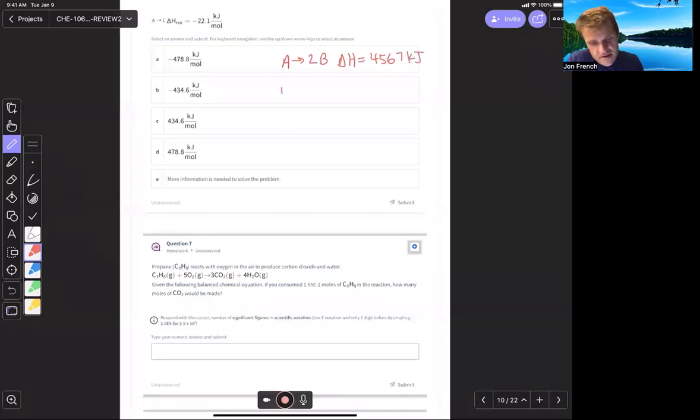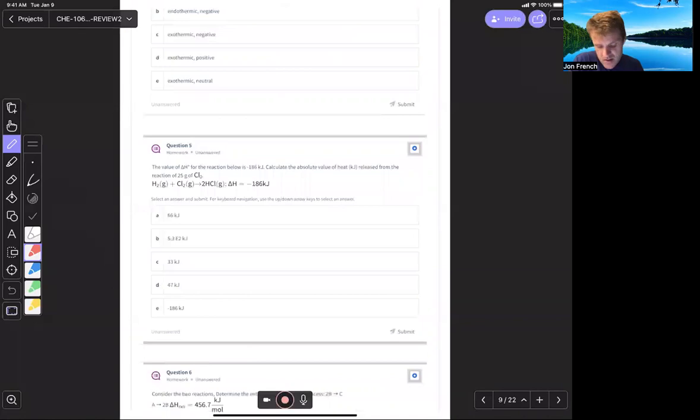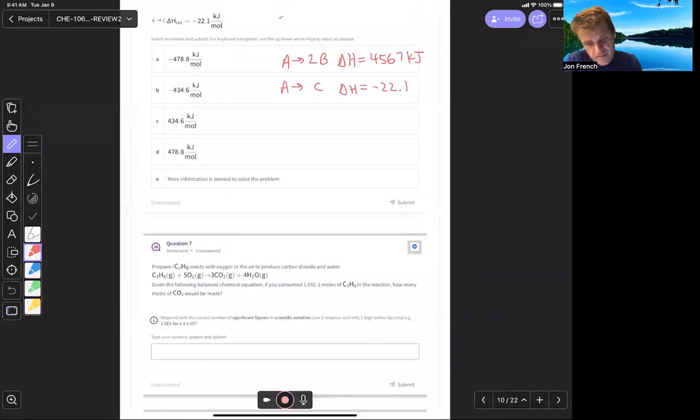And then the other reaction is A goes to C, and they tell us that delta H is minus 22, right? So this is Hess's law. Ultimately, we want to know 2B goes to C. That's the delta H we don't know.